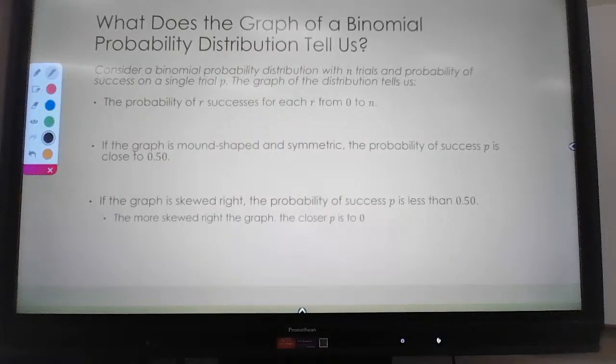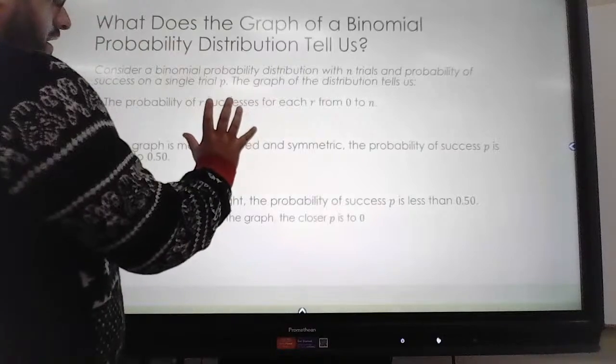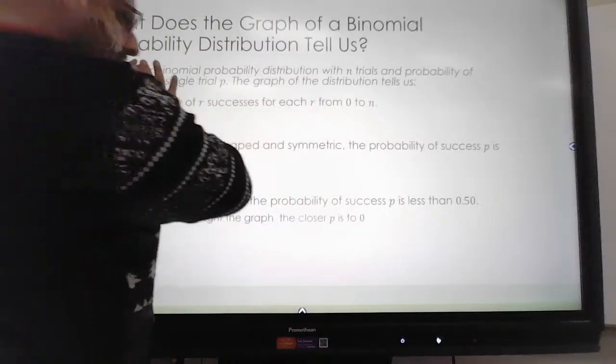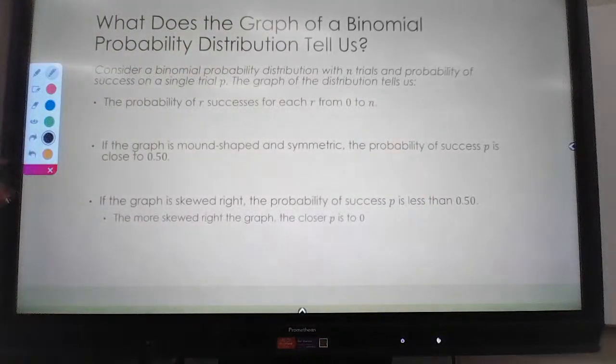If the graph is skewed to the right, meaning that the majority of the values in our distribution are clustered towards the left side, and the right tail of the graph stretches out, that means that the probability of success p is less than 0.5.